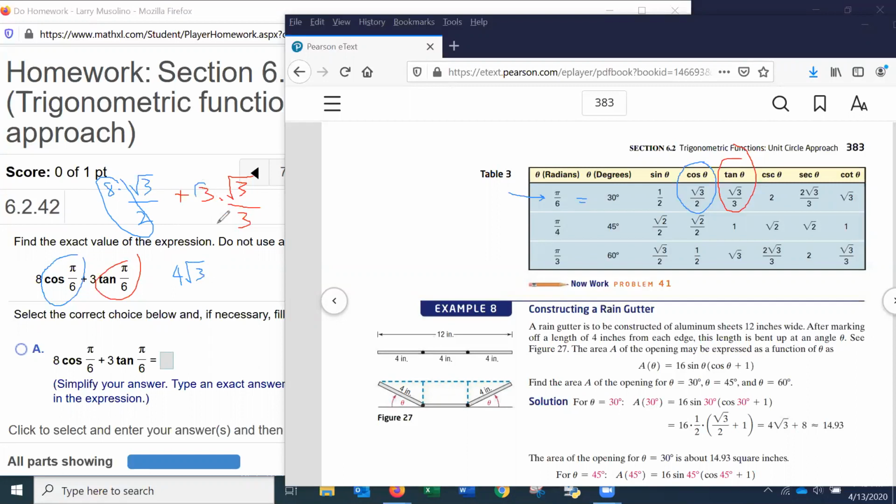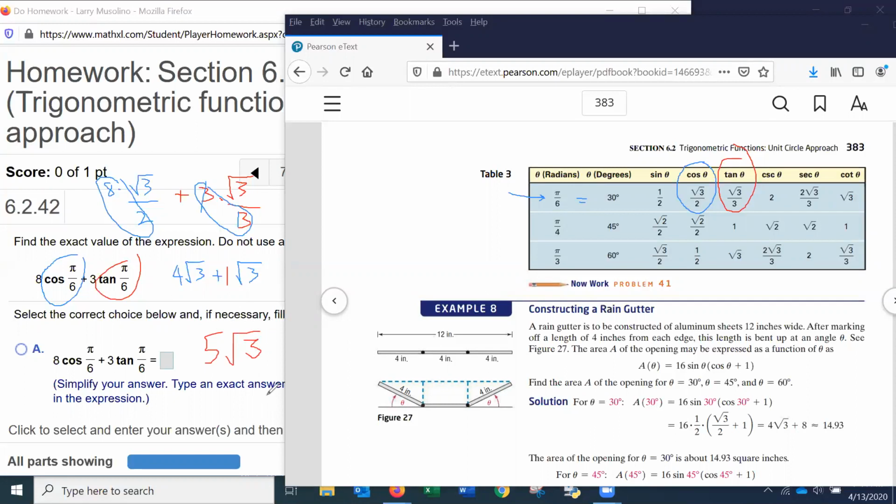And here I have a 3 over 3, but those cancel out, so I have the square root of 3. I can actually go one more step to simplify, because these are, in essence, like terms. So this is 4 times the square root of 3 plus 1 times the square root of 3. If I add those together, I'm getting 5 square root of 3. Let me rewrite that. So this looks like it's going to be 5 times the square root of 3.